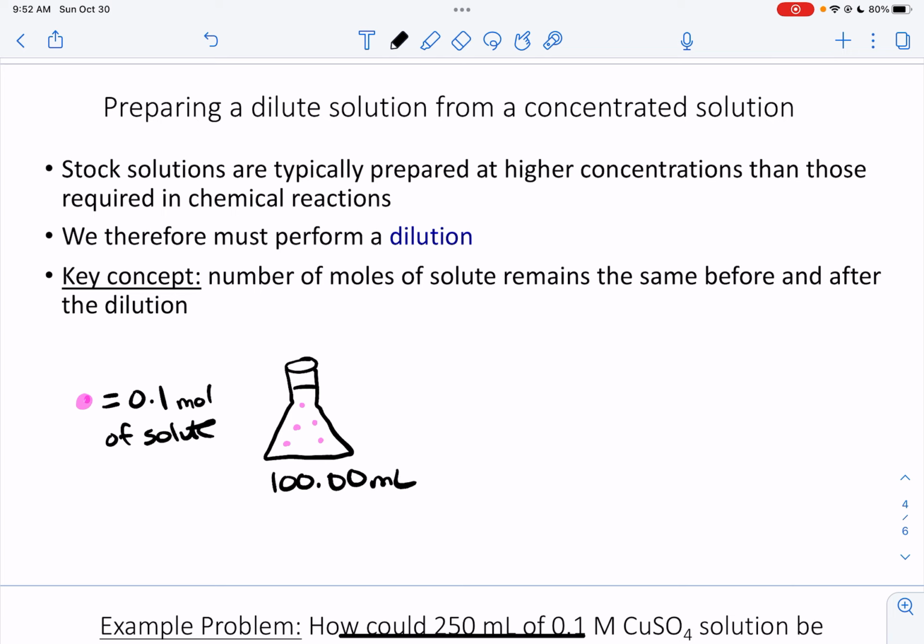So if I wanted to calculate the molarity of my stock solution, M_I or M1, they mean the same thing depending on which textbook you're looking at, we would have 0.5 moles of solute.